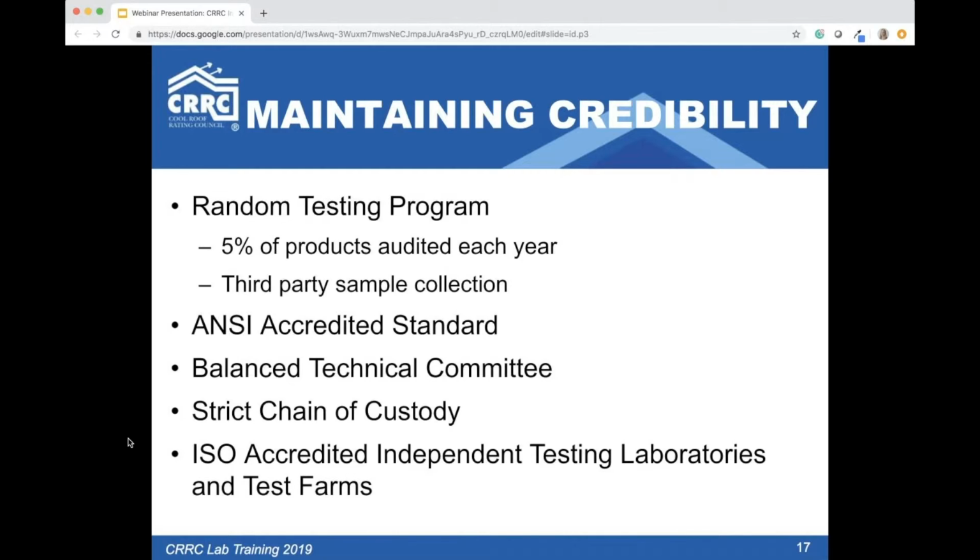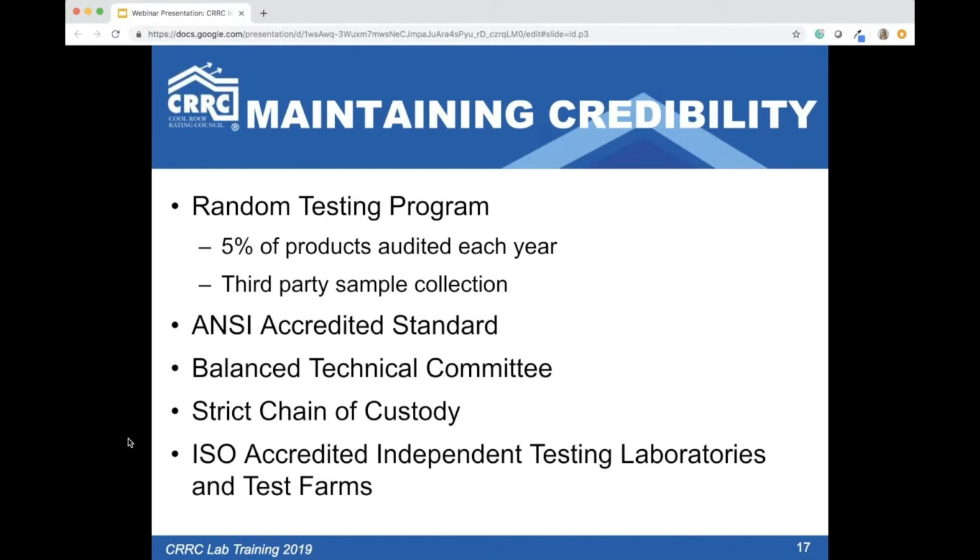They have 3 chances to pass before we would consider them out of compliance, and we would want to follow up with the licensee. Sometimes there's been a formula change that hasn't been recorded. Sometimes a supplier has changed that has caused the radiative properties to change. So this program is really important and a really good way to QA our directory and make sure that the information that we are providing on the directory is accurate and credible.